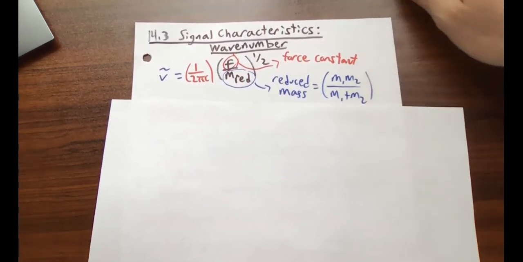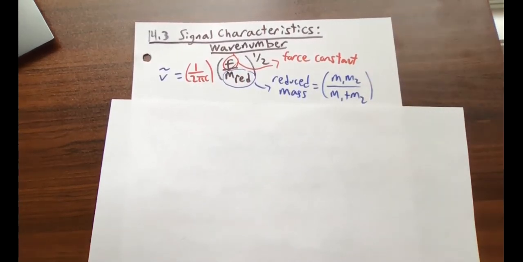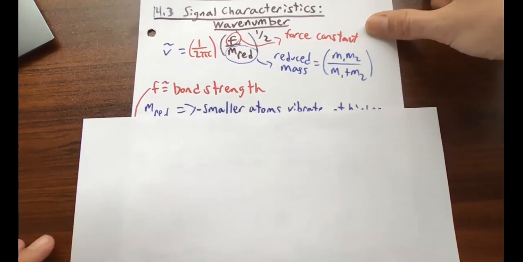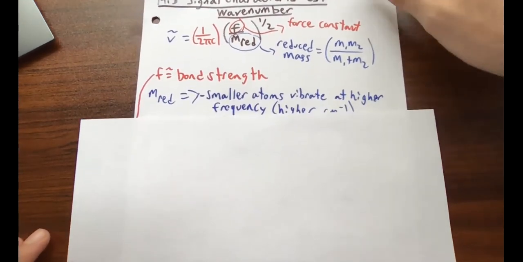And the reduced mass is an idea of, not how strong the bond is, but how large the two atoms are. So let's skip bond strength for now, and let's talk first about the reduced mass.